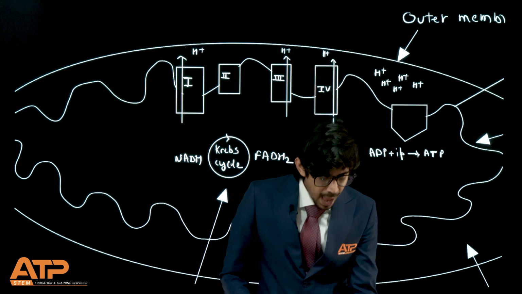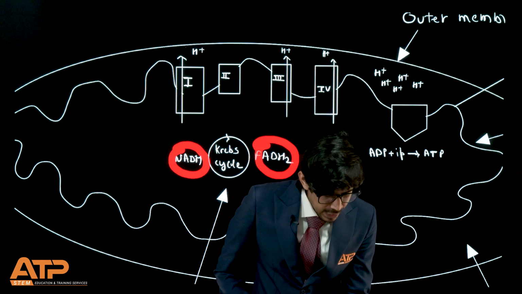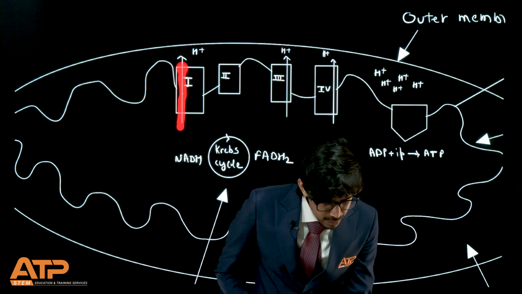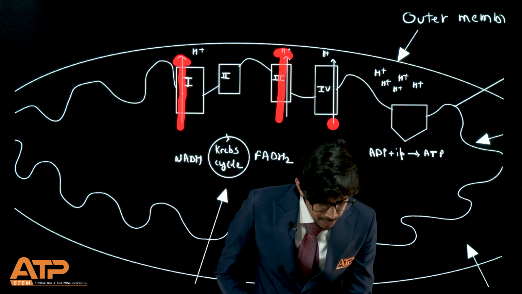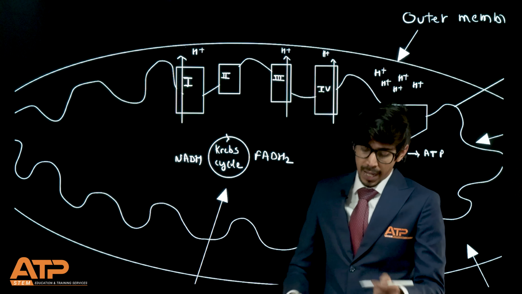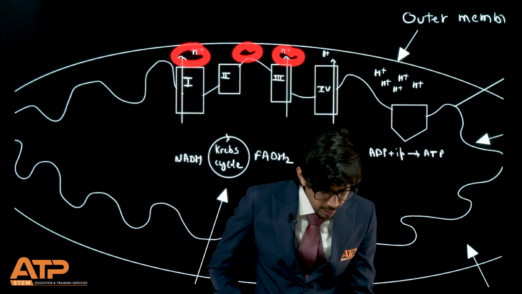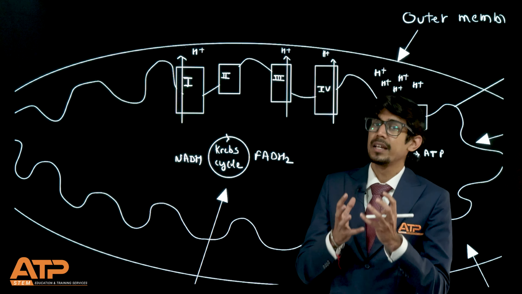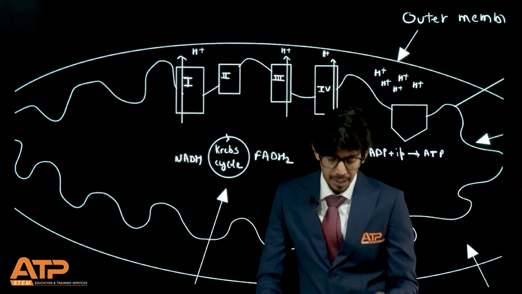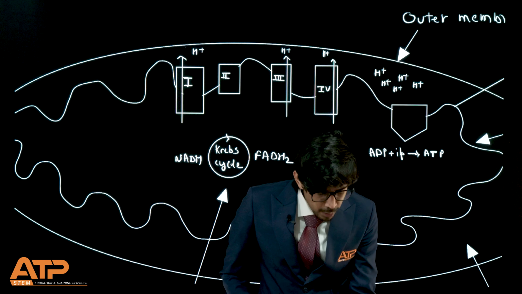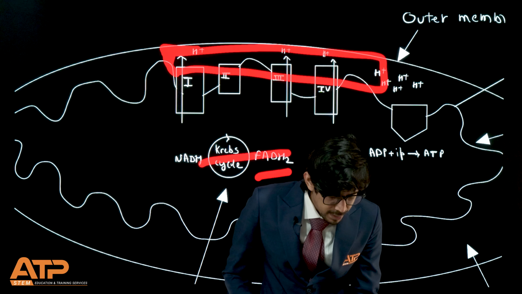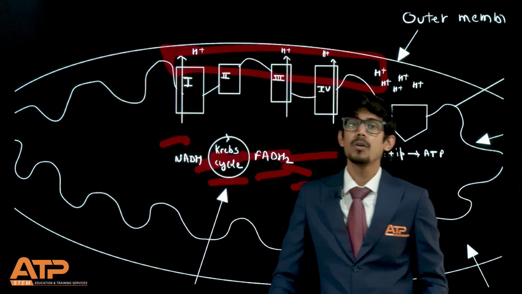So as the electrons move through these complexes, the hydrogen ions keep getting pumped and collected in the intermembrane space. So over a period of time, the hydrogen ion concentration in the intermembrane space starts increasing, which creates a proton gradient, also called hydrogen ion gradient, where there are more hydrogen ions in the intermembrane space and fewer in the matrix of mitochondria.